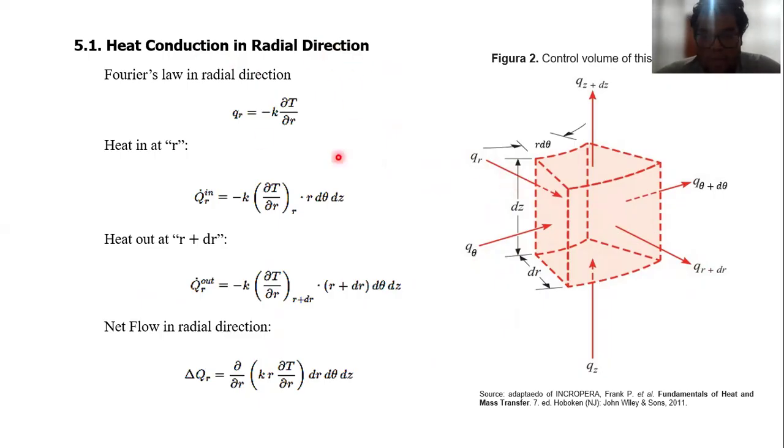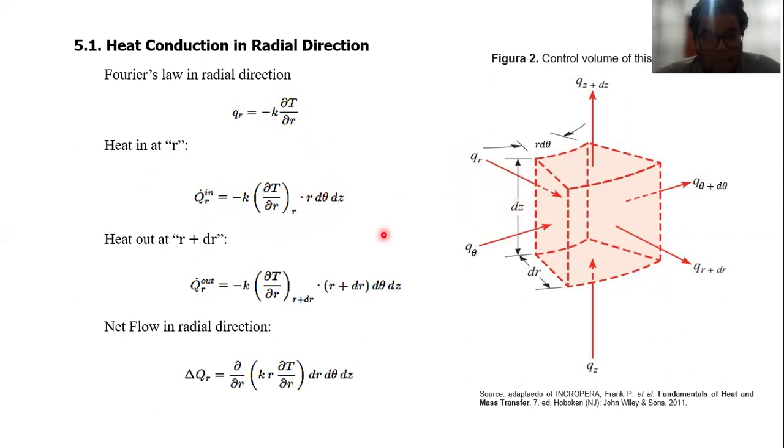The radial direction is qr, and since Fourier's law applies, we have for qr the following equation: qr is equal to minus k times the gradient of temperature with respect to radius. Here, for the inlet, we have minus k times delta T over delta r, and this r we are going to multiply by delta theta. That is the surface through which the heat flux enters.